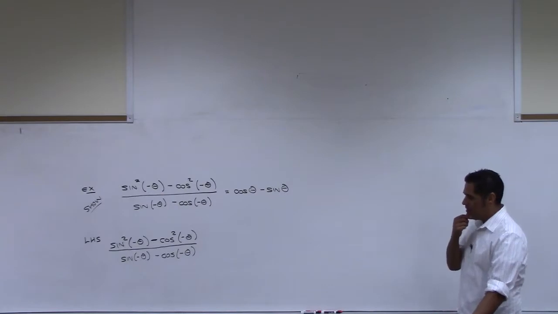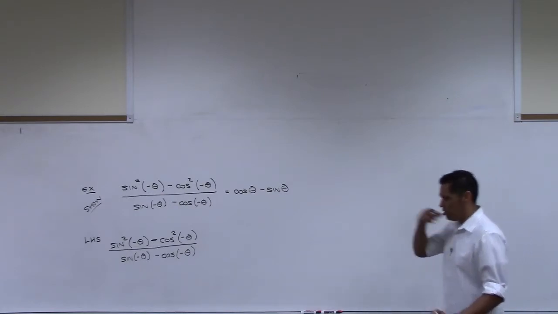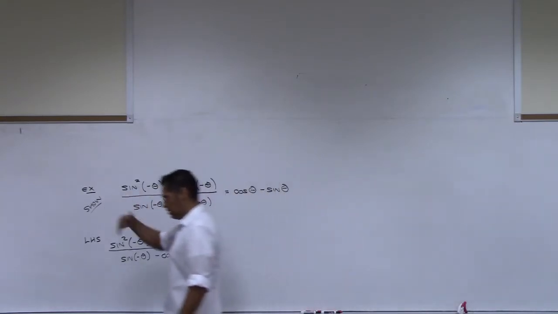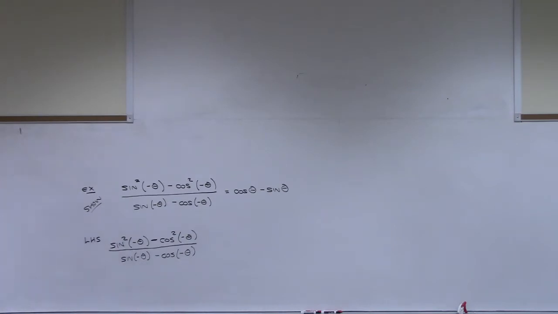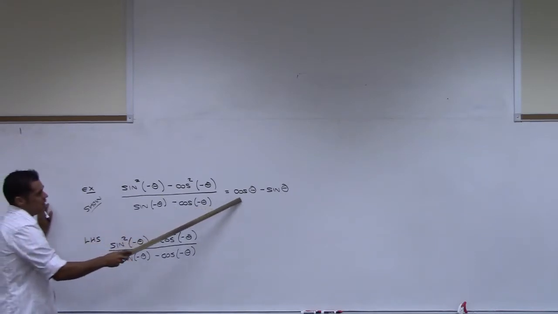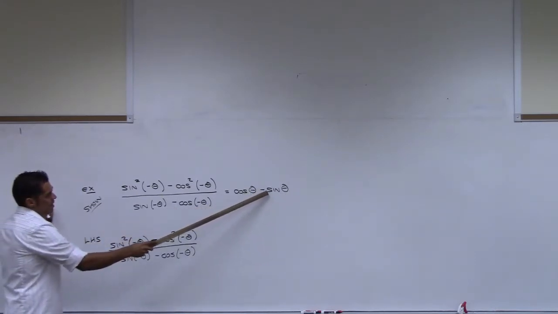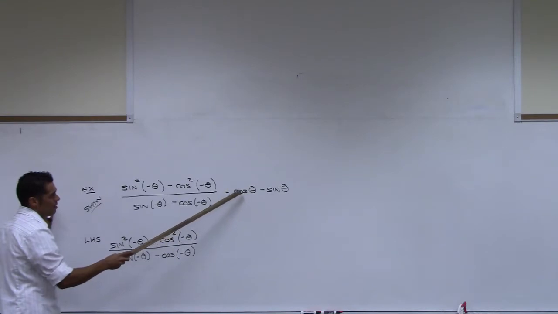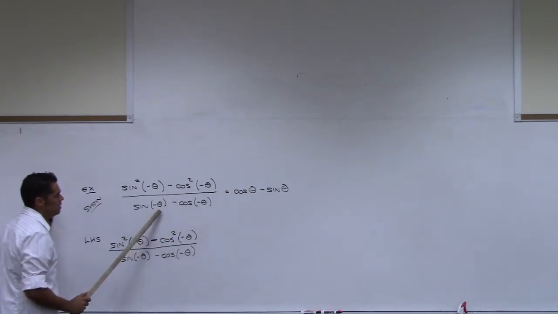Now, looking at the right-hand side, trying to foresee what we're trying to get, do you see that cosine theta minus sine theta is the only thing left? So somehow this is going to have to go away.